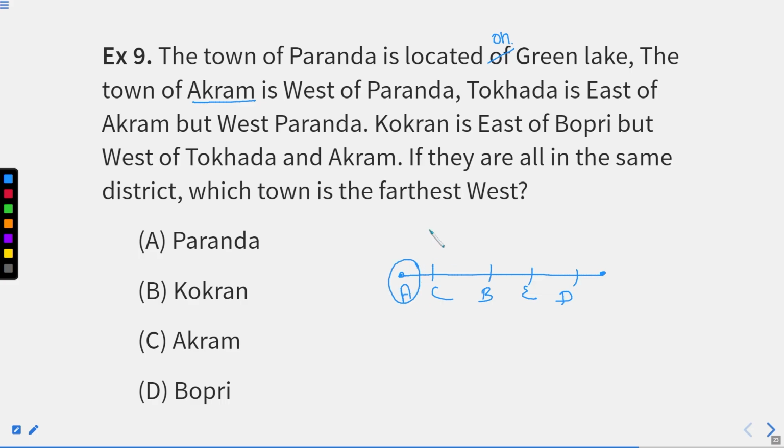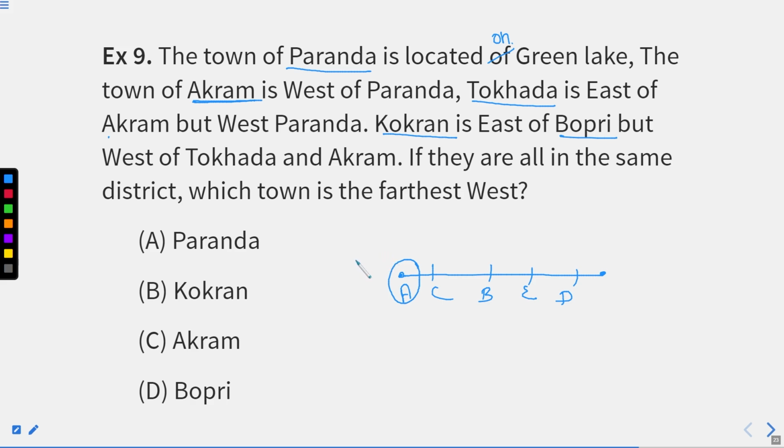Now, as per the instructions given in this question, we have how many persons? The first person, then the second person, then the third person. Accordingly, we have a fourth person as well as a fifth person. Total of 5 persons are there, standing in the line. We need to find who is farthest west.